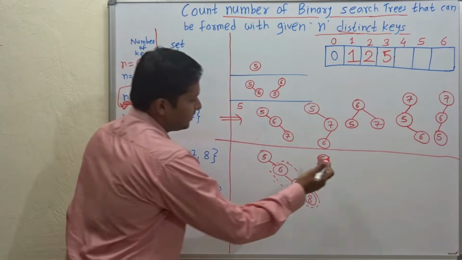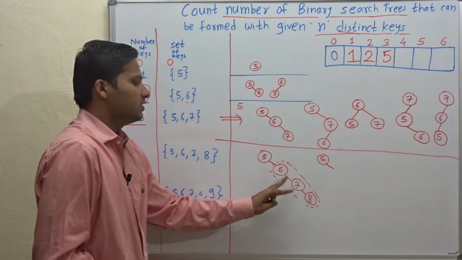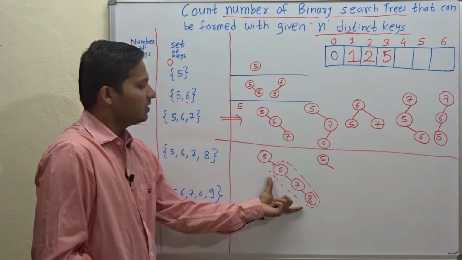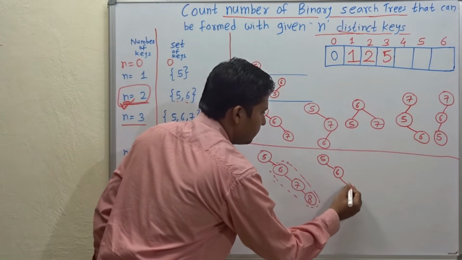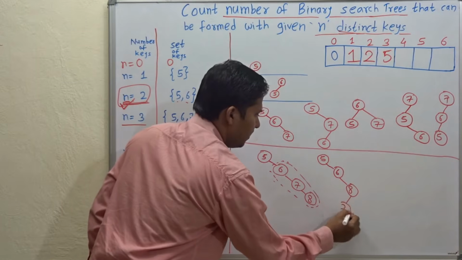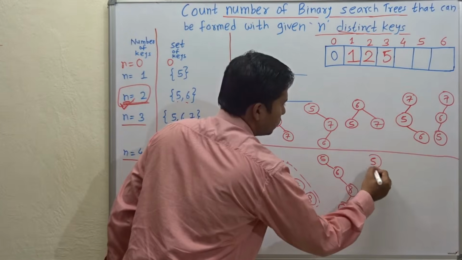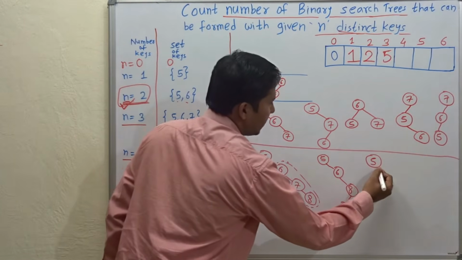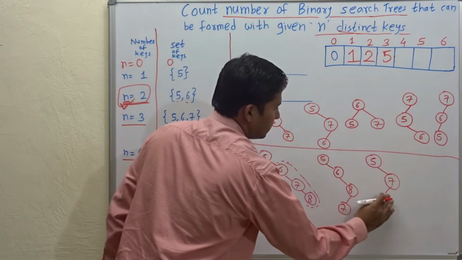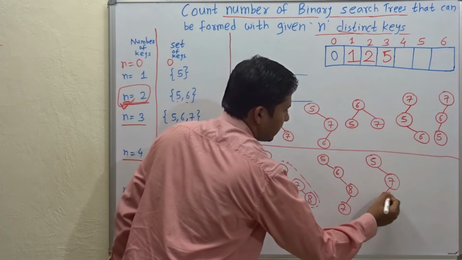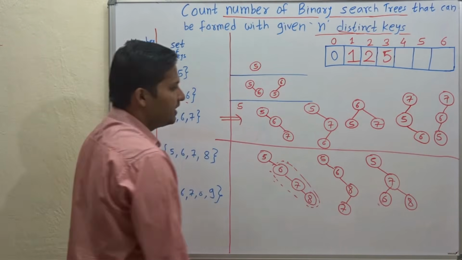So let's see that. So for 5, now 6, 7, 8 can also be like 6, 8 and 7. Okay, this is one possibility. Then again 5 as the root, then it can be like 7, then 6 and 8. This is another possibility.